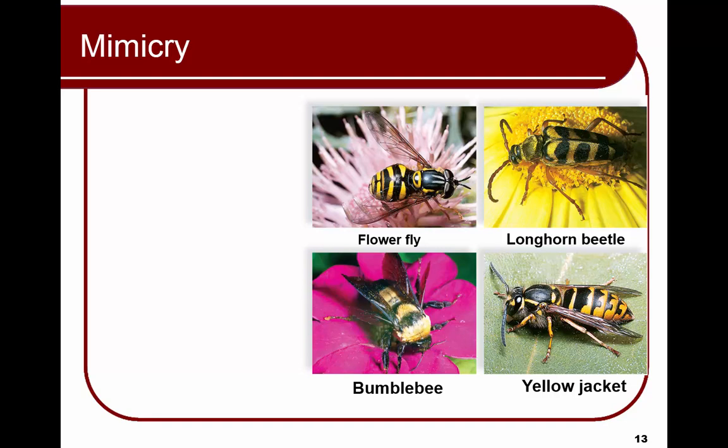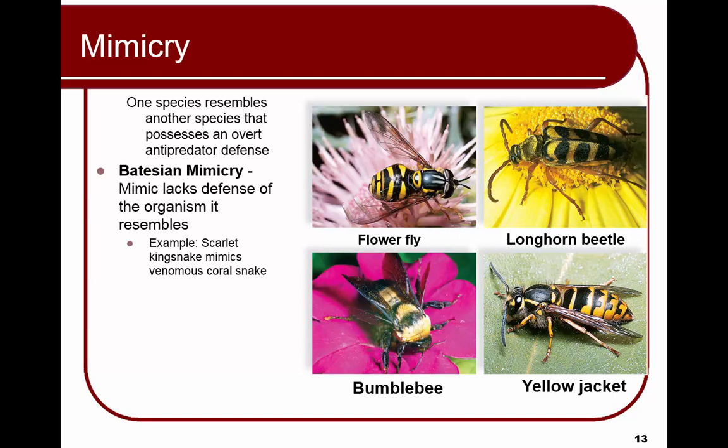They also will use mimicry, where one species resembles another that has an overt anti-predator defense, and so it fools other organisms. Batesian mimicry is like that flower fly and the longhorn beetle.